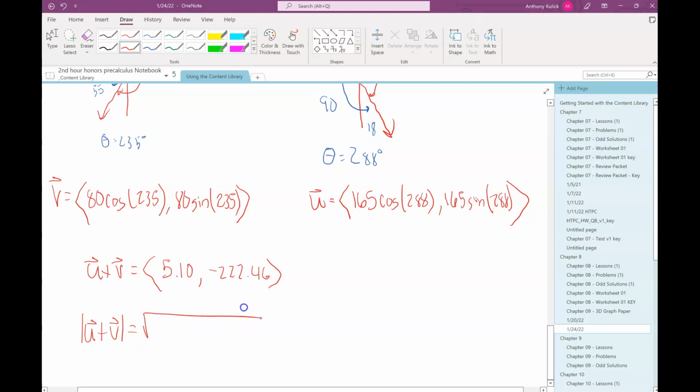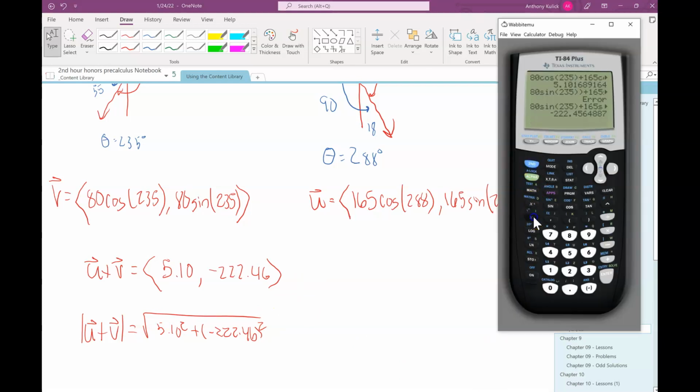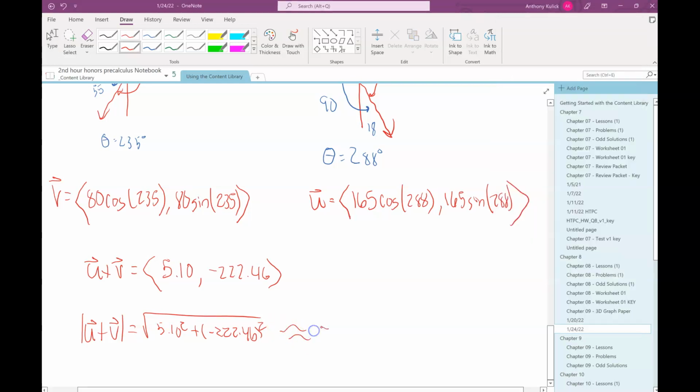So the magnitude of that then is just the square root of the sum of the components squared. So that gives me 222.51 nautical miles.